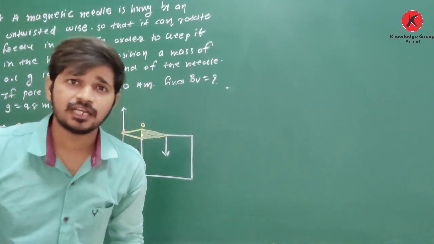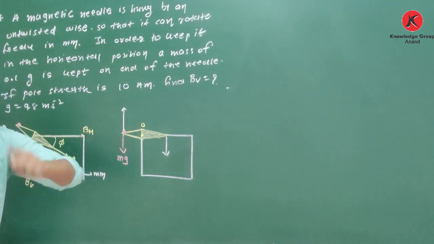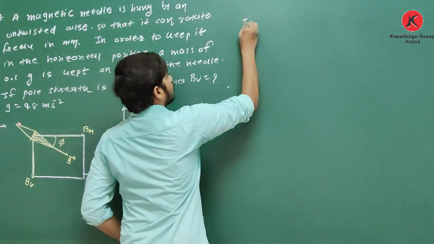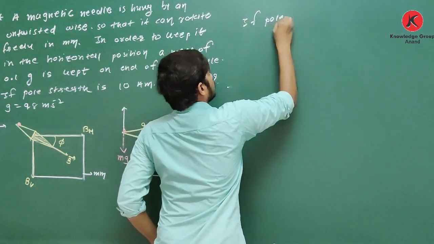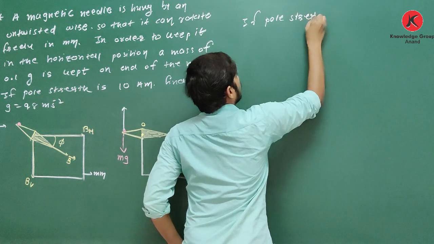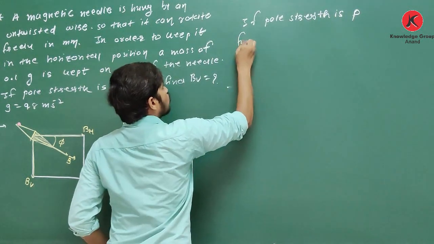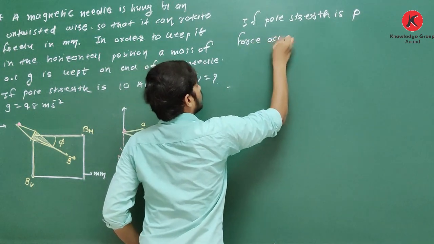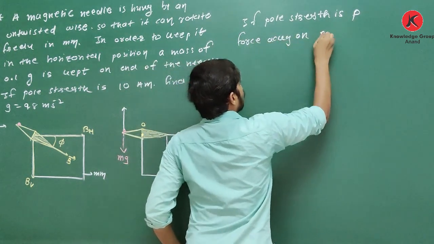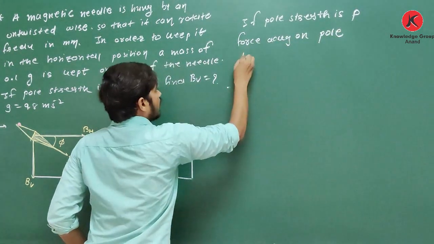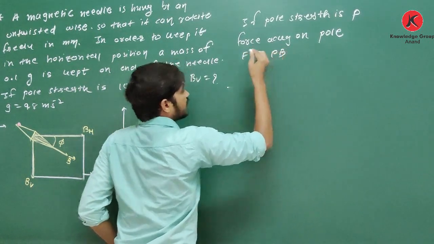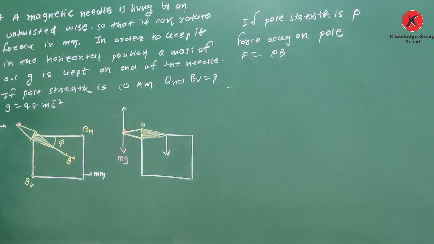As these forces act in the vertical plane, they are due to the vertical component of Earth's magnetic field. If the pole strength is P, the force acting on the pole is F equal to PB.